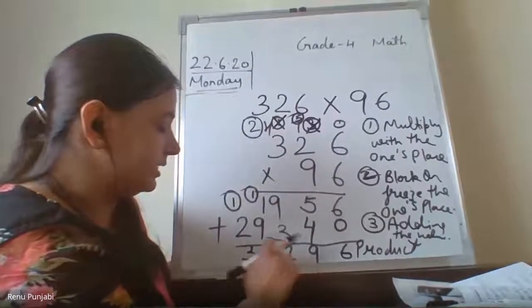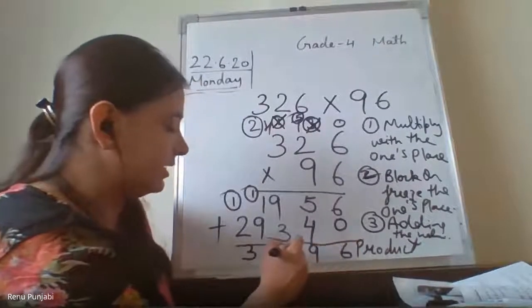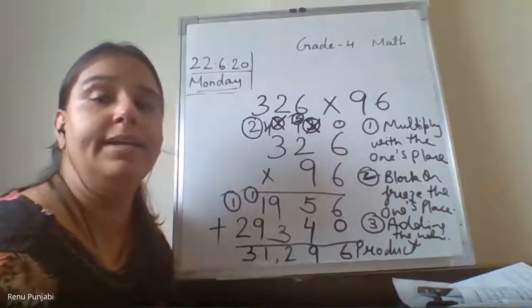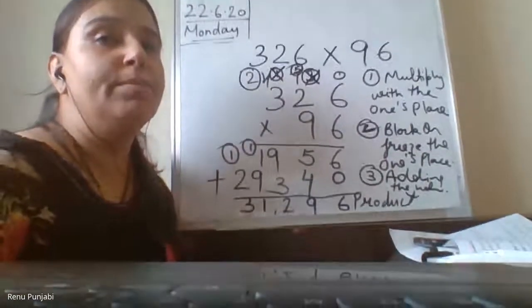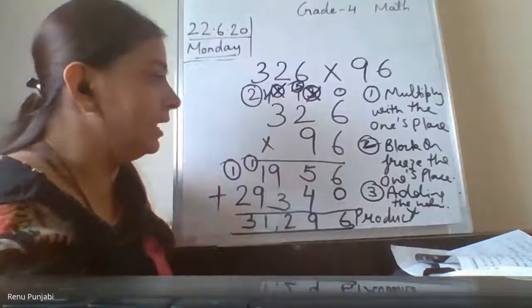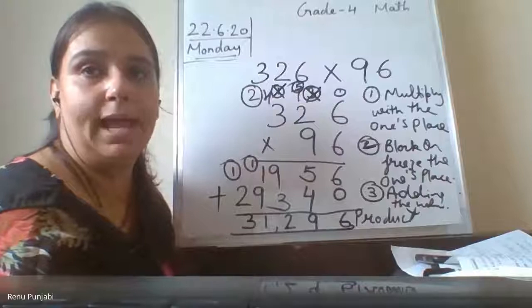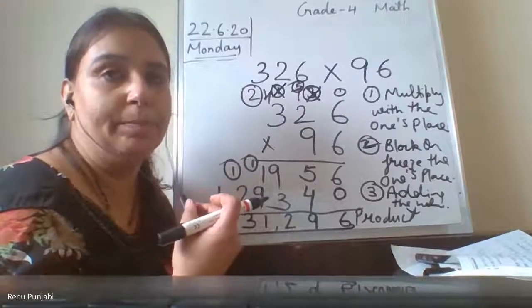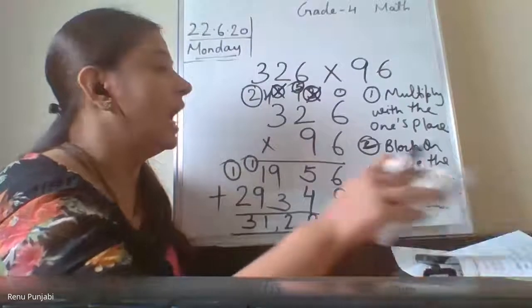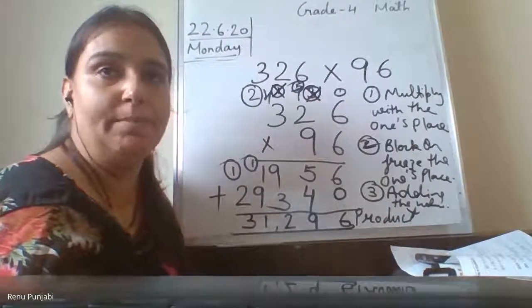So it is 3, 1, 2, 9, 6. 31,296 is your product. So I hope you all are clear with how to multiply a 3-digit number with a 2-digit number. I will explain a few more examples.